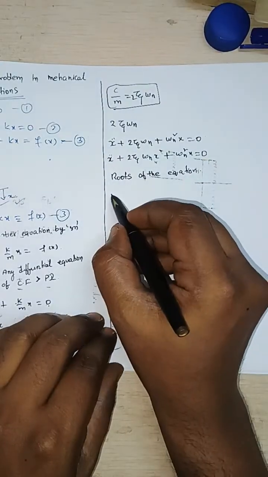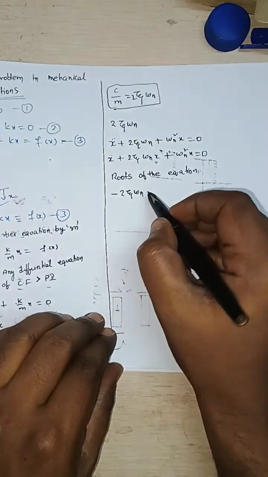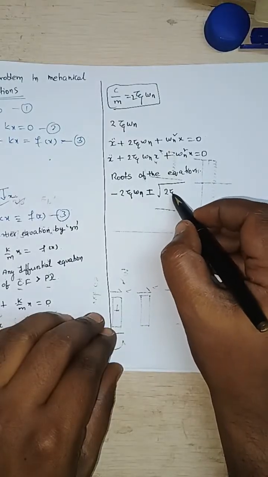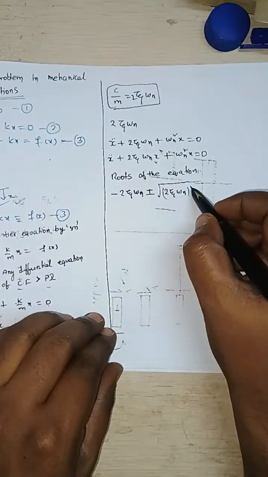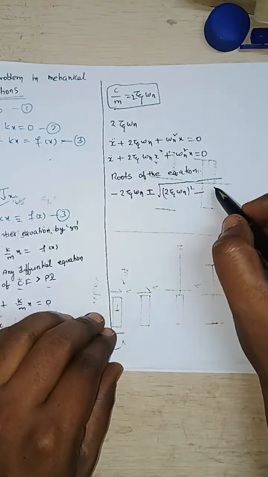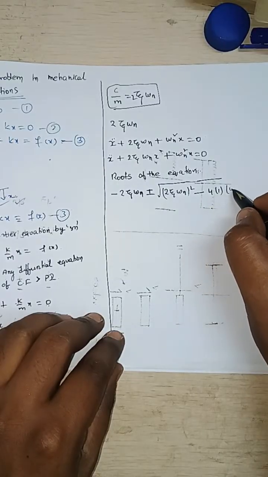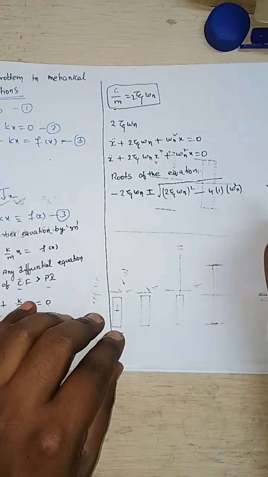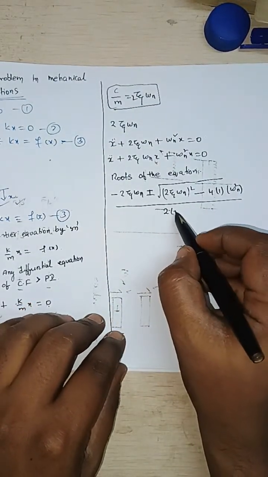The roots are minus 2 zeta omega n plus or minus square root of 2 zeta omega n whole square minus 4 into 1 into omega n square, divided by 2 into 1.